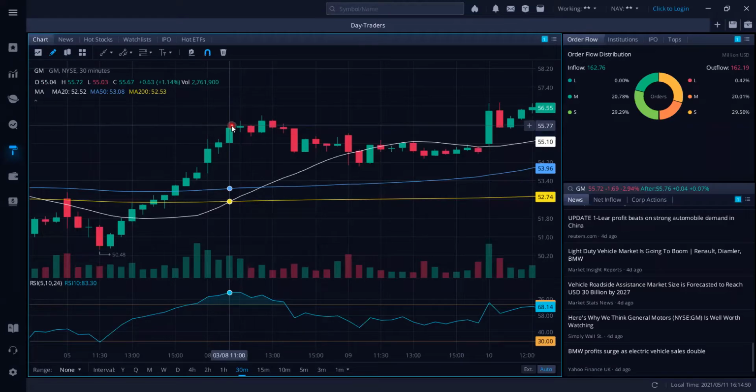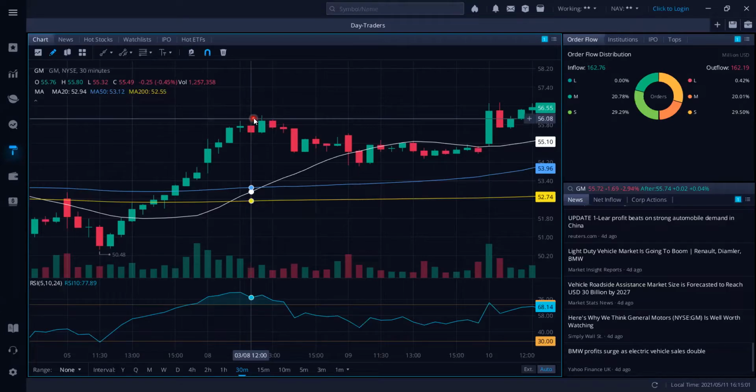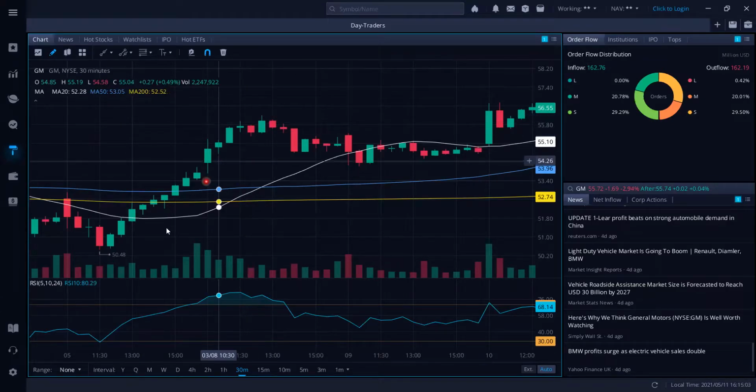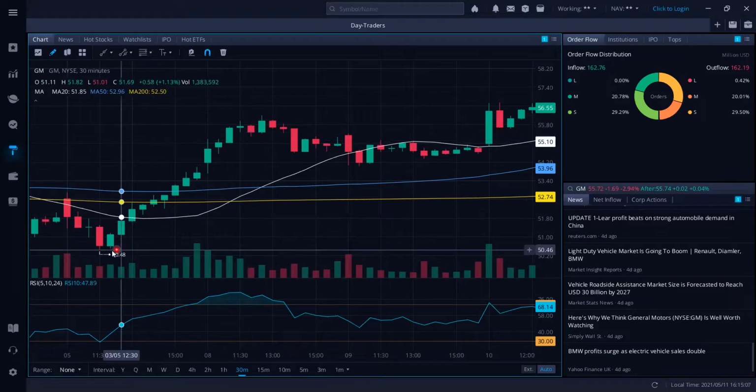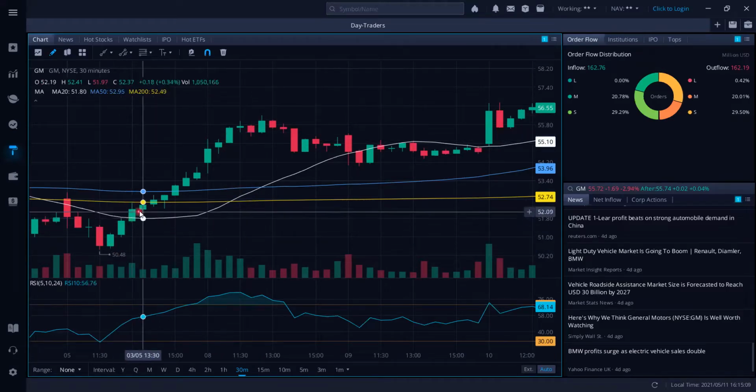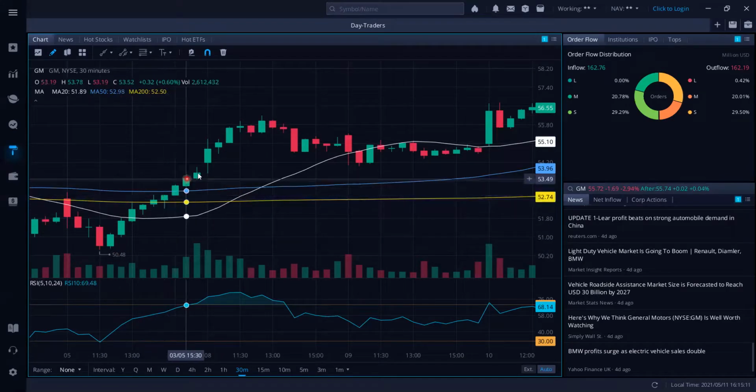It's all about not being greedy at this point. This thing has already run up from 50 to 56. That's a 10% profit, and that's in a single day. It's about a 6-hour trade.